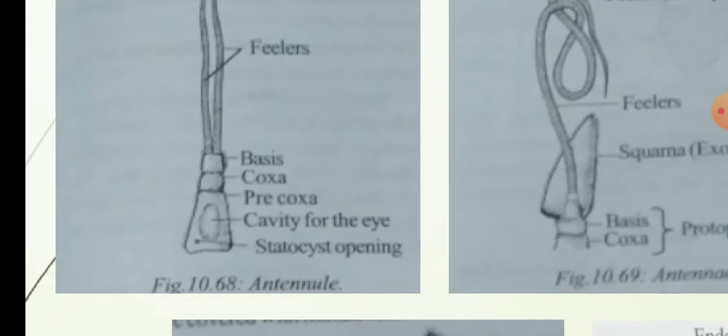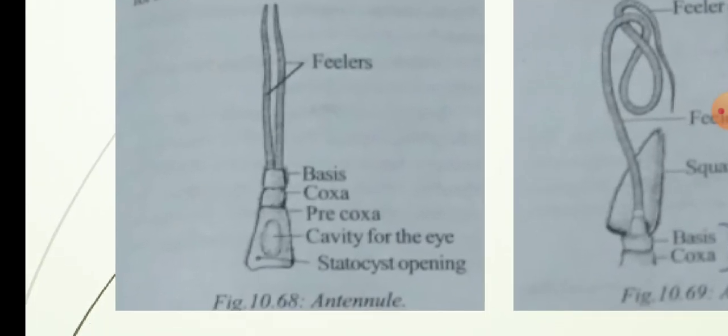In this picture, figure 10.68, we can see the antennules, the first pair of appendages in the cephalic region. It is biramous. The protopodite is divided into three segments, the precoxa, coxa and basis, followed by the exopodite and endopodite, having multiple segments which are modified to form short flagellae.